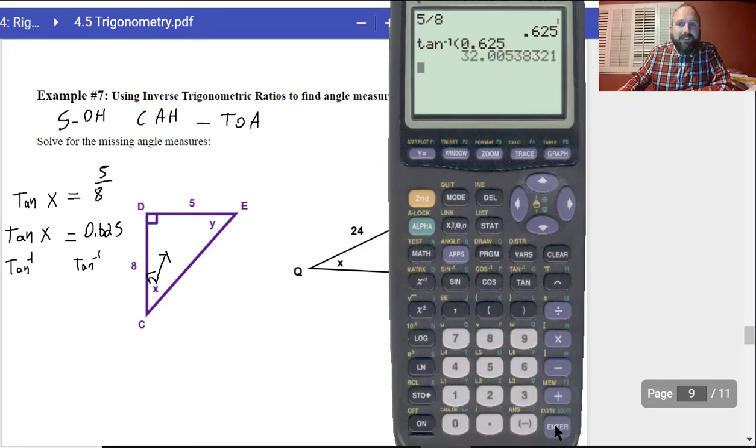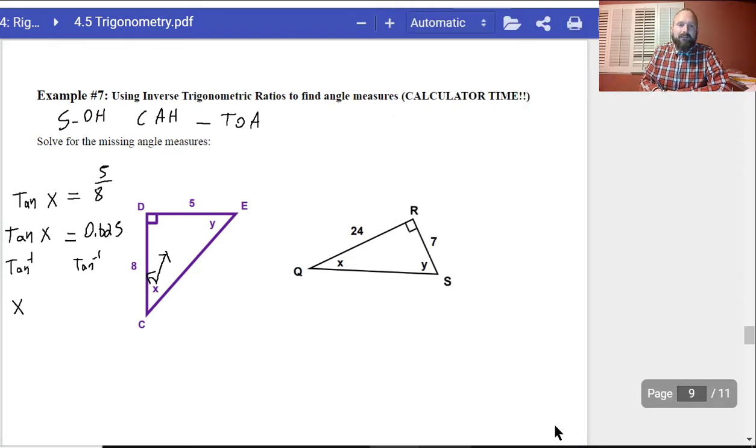Now all we have to do is hit enter, and we get 32.01 rounded. So x is equal to 32.01, but wait, it's degrees.